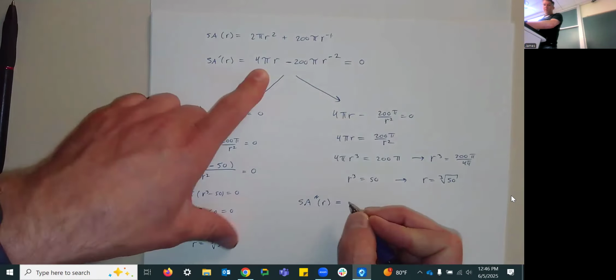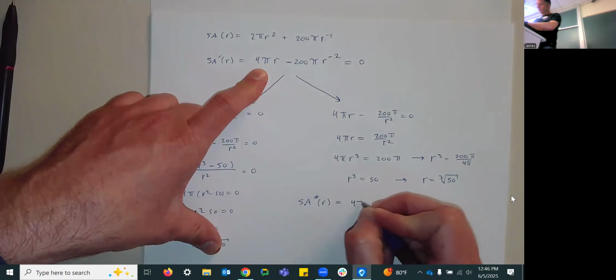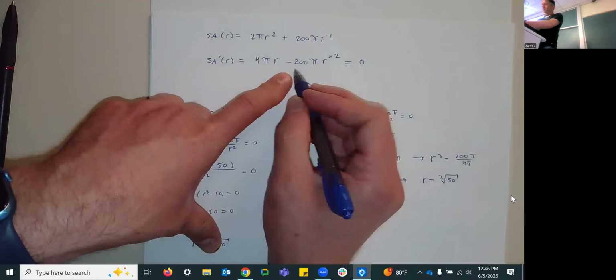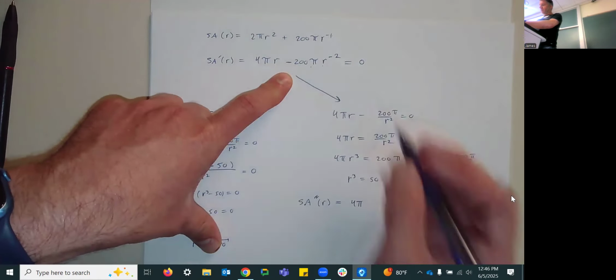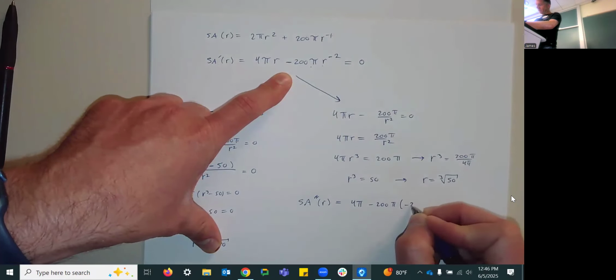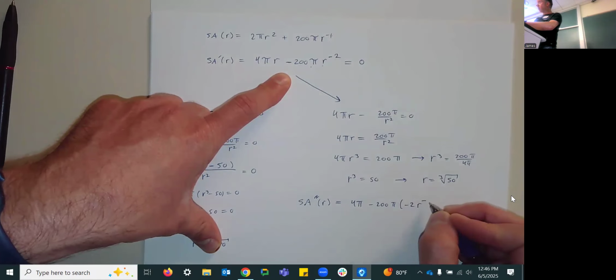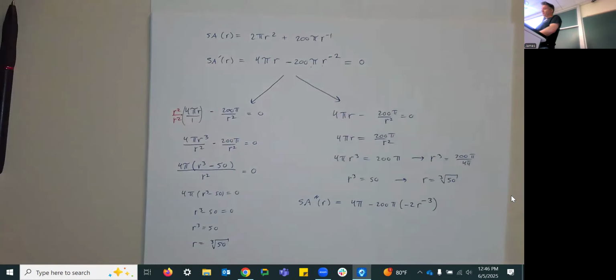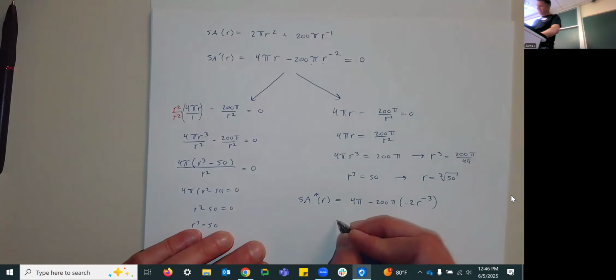Let's see. The derivative of 4 pi r is 4 pi. The derivative of negative 200 pi times r to the negative second is going to be negative 200 pi times negative 2 r to the negative third. And before I plug in my critical point, I'm going to make this look more recognizable.